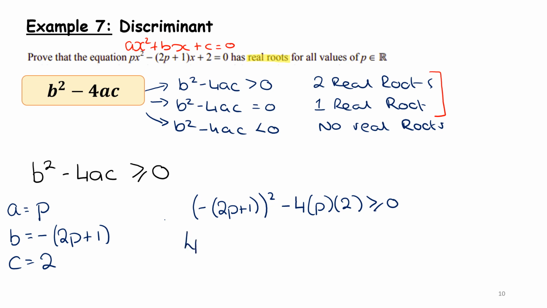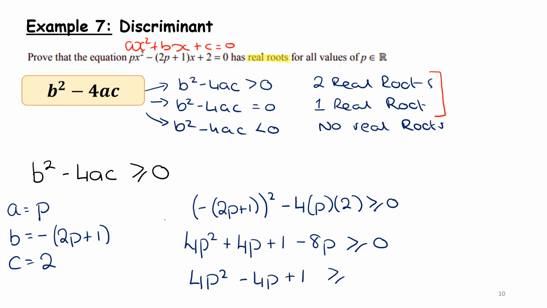So this works out as 4p squared plus 4p plus 1 minus 8p is greater than or equal to 0. 4p squared minus 4p plus 1 is greater than or equal to 0. I can now write this as a bracket squared, which is 2p minus 1. The reason it's a minus, again, is this middle term is negative.